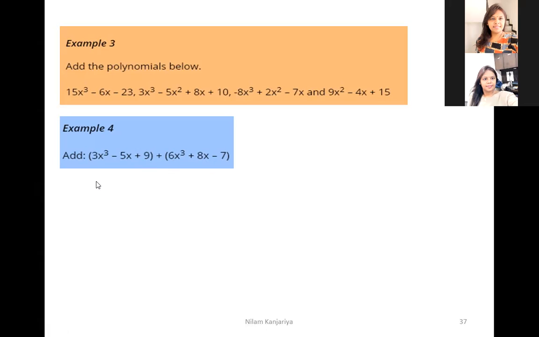If you are not typing, then tell me, okay? It is allowed for you. How could we add these two polynomials? By taking the sum of the same variable, like terms.